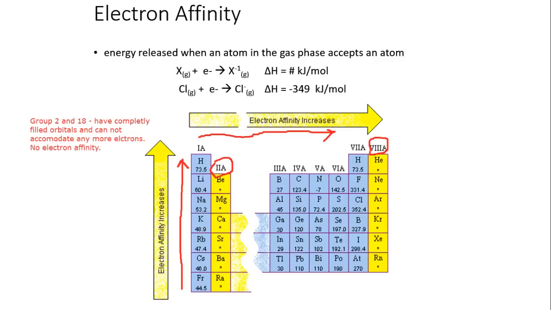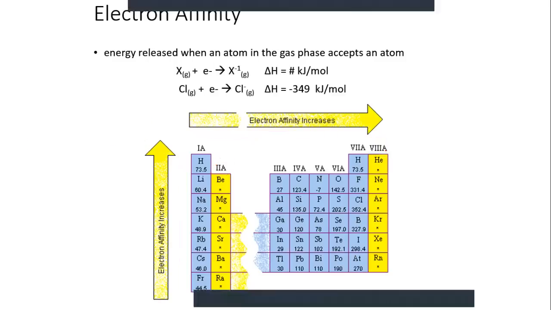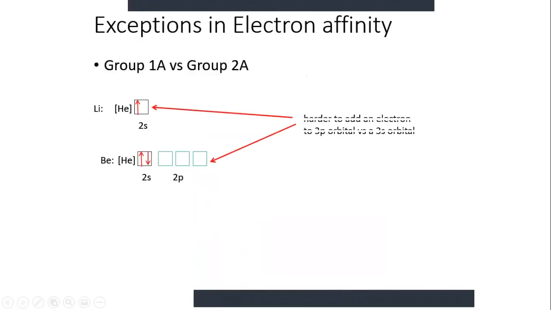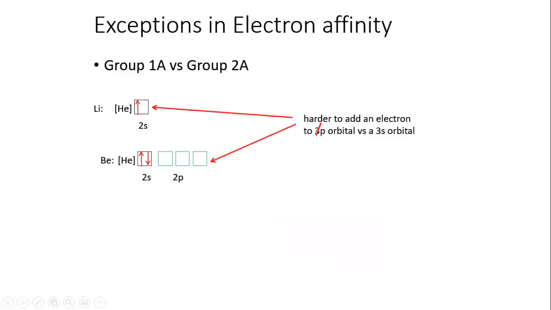Now with electron affinity, there are exceptions. The first one is obvious, group 1A and 2A. This should be 2p versus 2s.